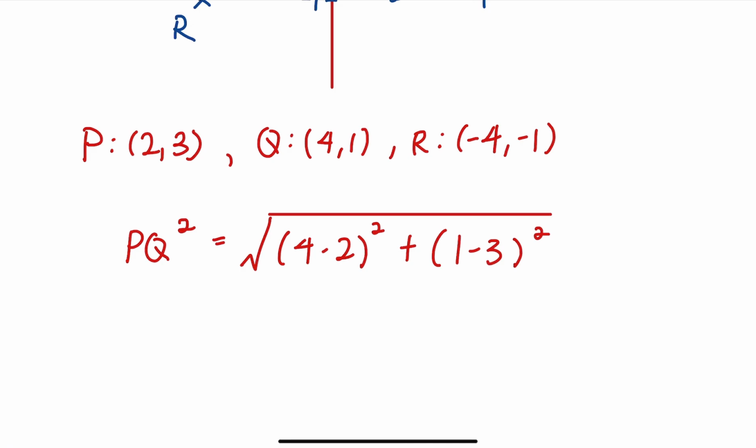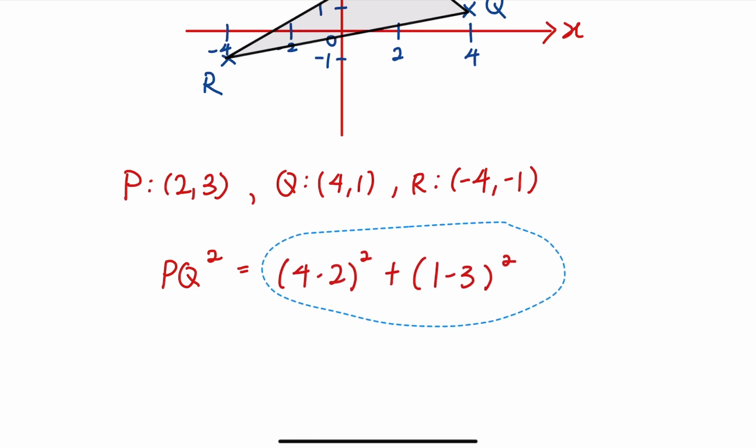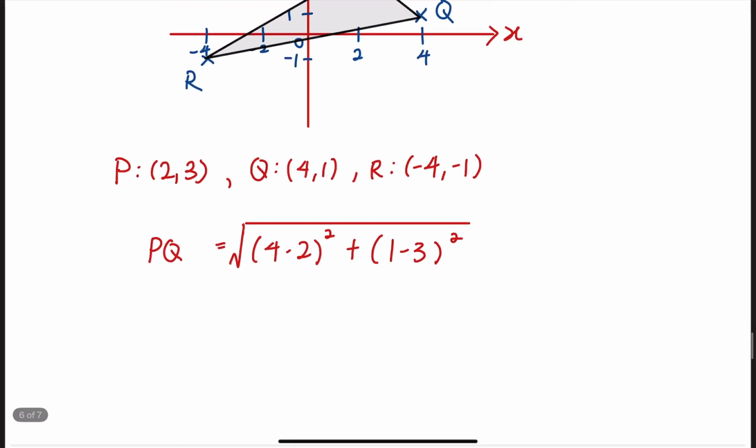Sorry, we don't need PQ square here. The length of PQ is given by the square root formula, based on my length formula, if you still remember.